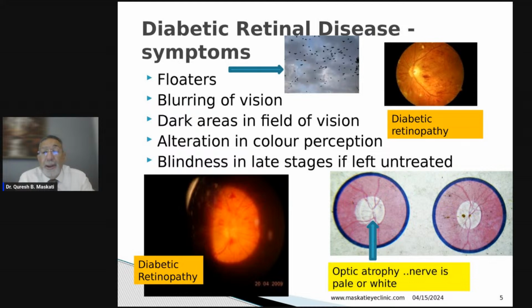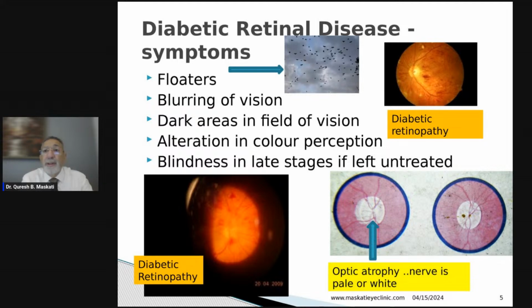If the retina is involved, we call it diabetic retinopathy. If you can see the arrow which is there, you get these hemorrhages, and you can get cholesterol deposits. These are exudates or cholesterol deposits. Is my arrow visible?